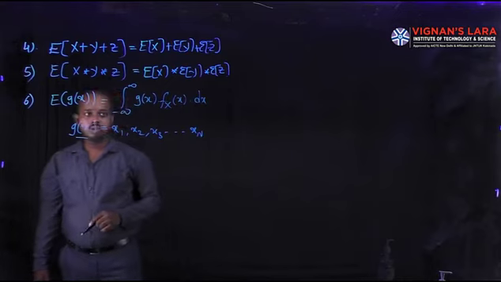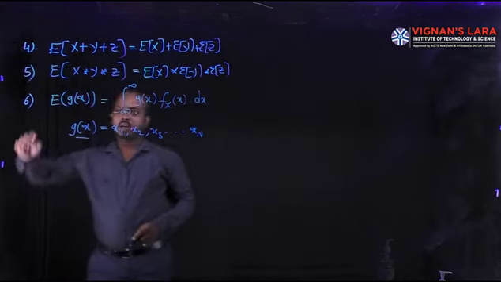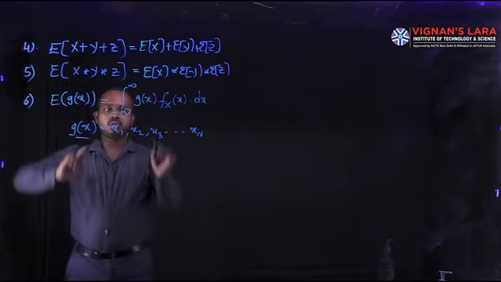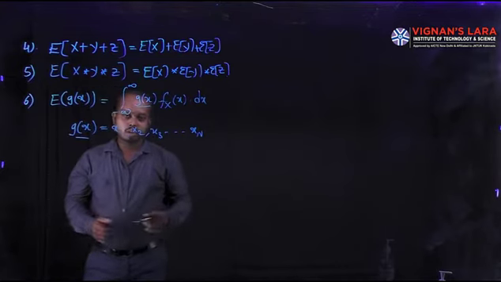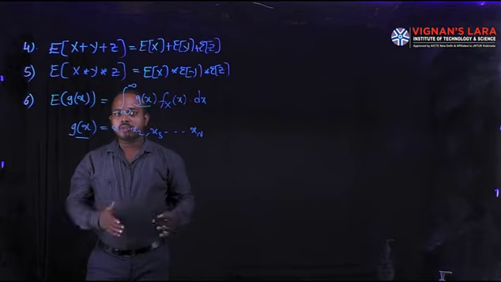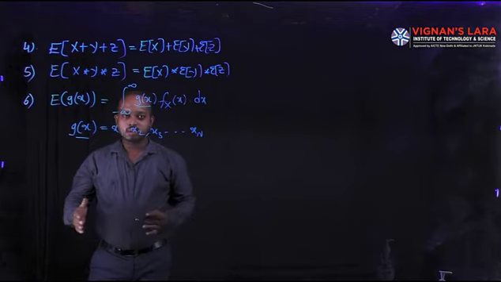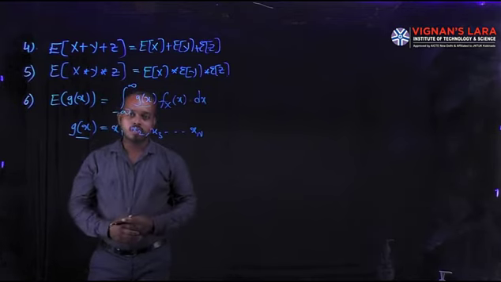Here you are just replacing the x position with g of x. Why am I writing this? Here you can take two functions, and now to consider the two functions, how do we write the expectation value?